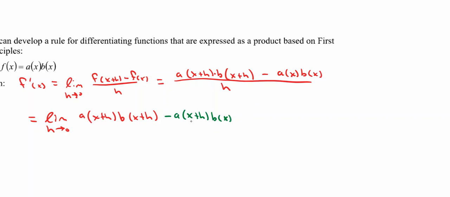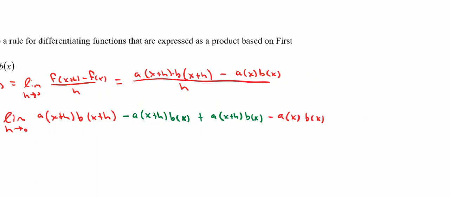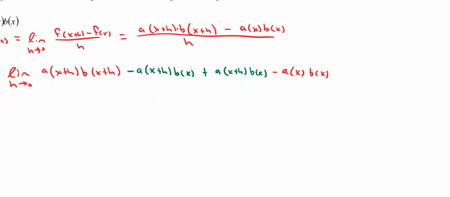And then I'm going to add that exact same thing. So it'd be plus a of x plus h and then b of x. Just bear with me, I'll explain this in a second. And then minus a of x times b of x, all over h. So what I just did there is really nothing.